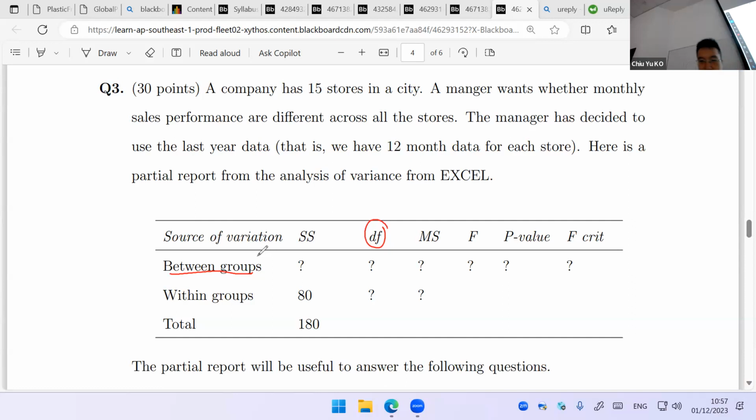They look at different stores, so the number of groups, C, is 15 groups. And this is the number of groups minus 1, so it's 14. That's the answer. This part is not difficult, because it's just the number of groups minus 1.